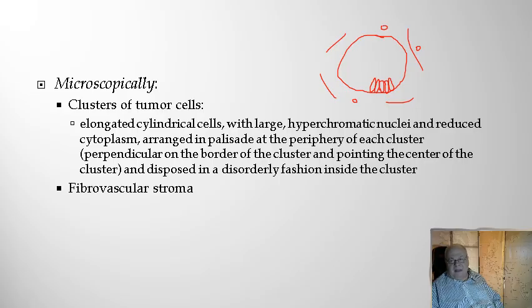Inside, because the island is full of such cells, the elongated cells grow in any direction you want, so they are not in a certain order. This is how the typical basal cell carcinoma looks microscopically, and for this reason the diagnosis is extremely easy.